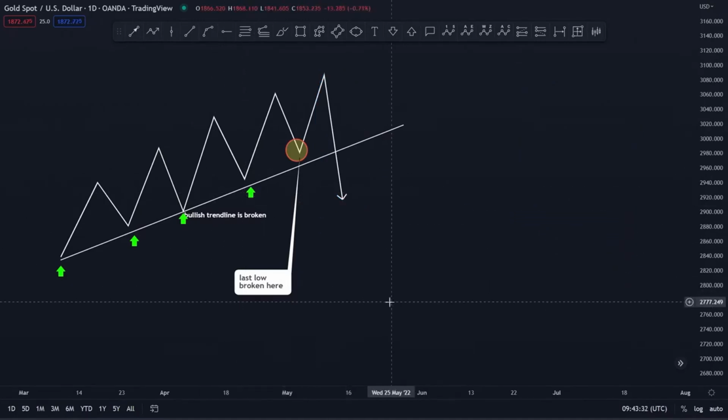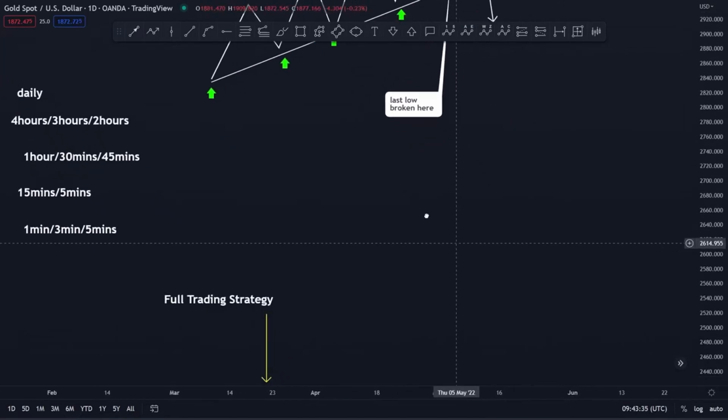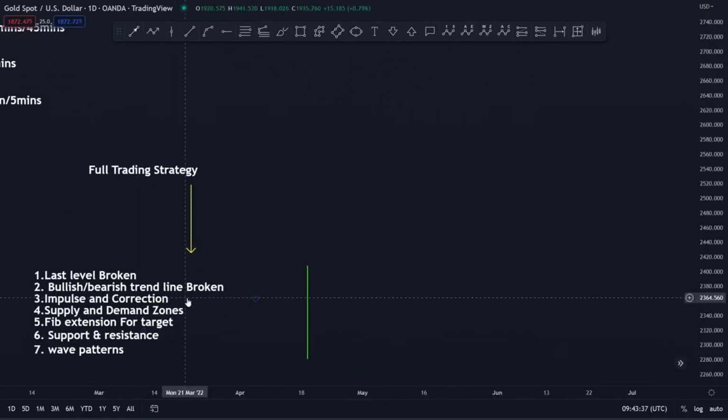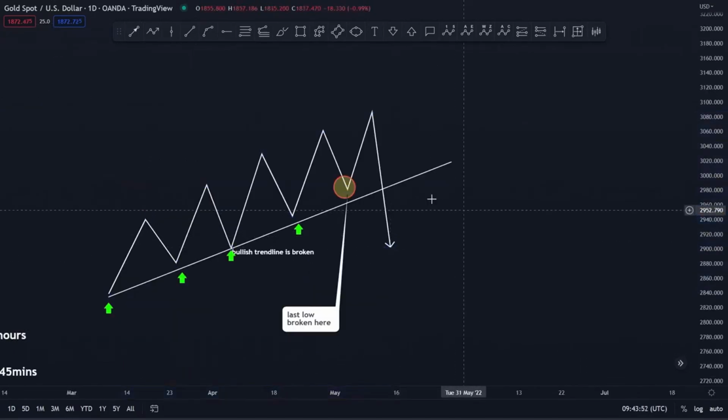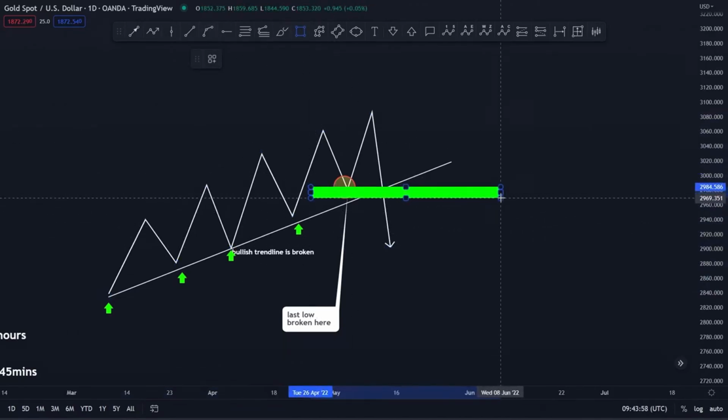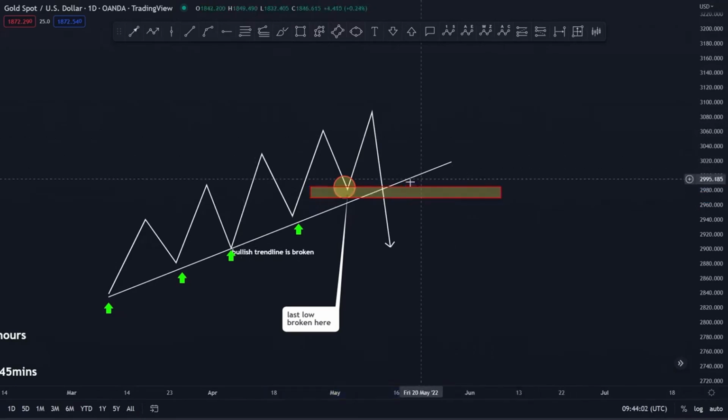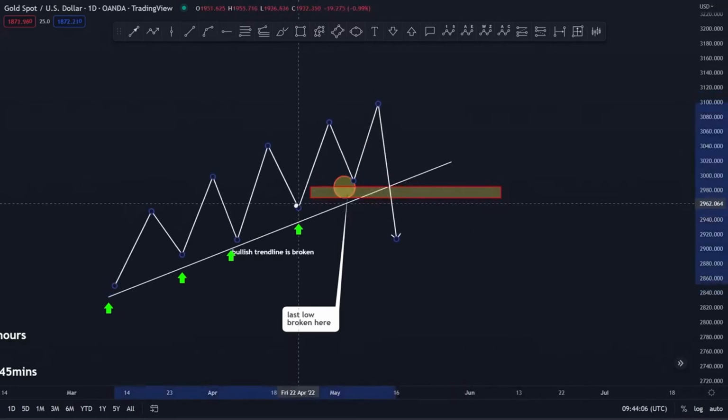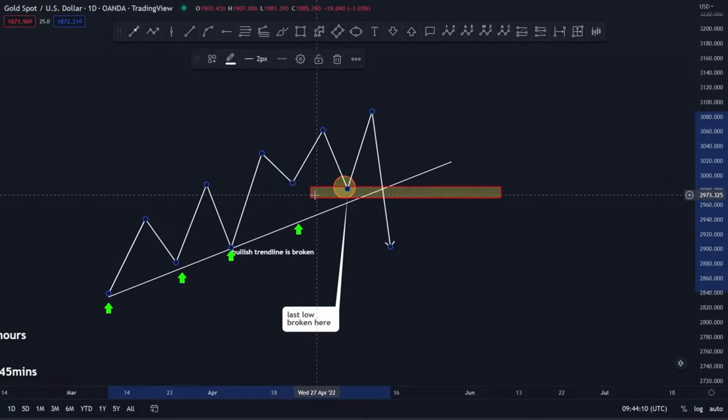So from here, guys, we need to see impulse and correction. Right now we have to find supply and demand zones, plus a fib extension for target, and support and resistance, and wave patterns. So right now we need to see support or resistance. You can put your levels right there, like this, or maybe we can do something like this.